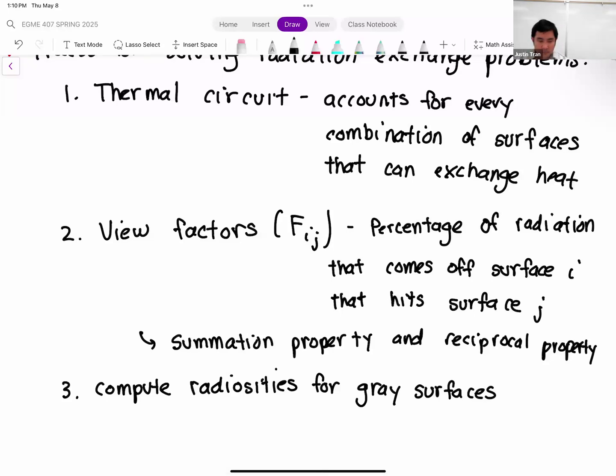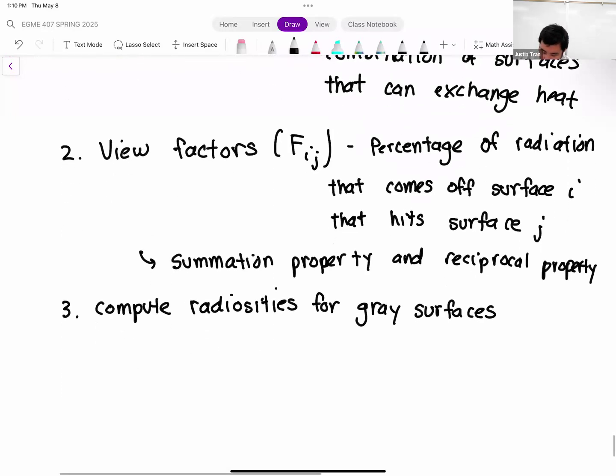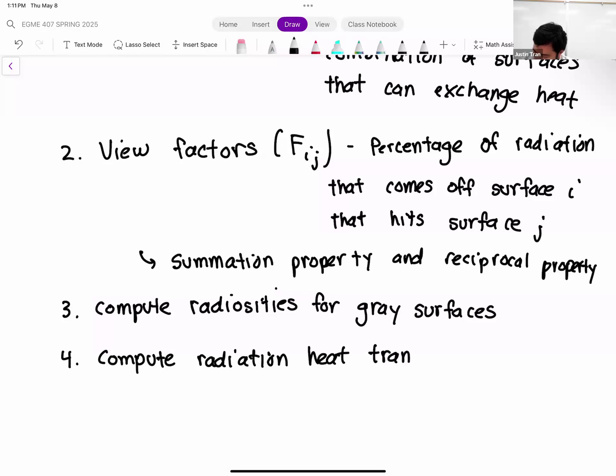But if you have all black bodies in your radiation circuit, then you don't have to do this step. And then step 4, once you have the radiosities, is to compute any radiation exchange utilizing the circuit. All right, so that's the process.